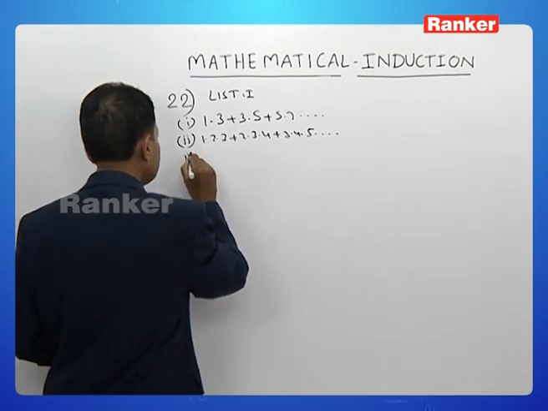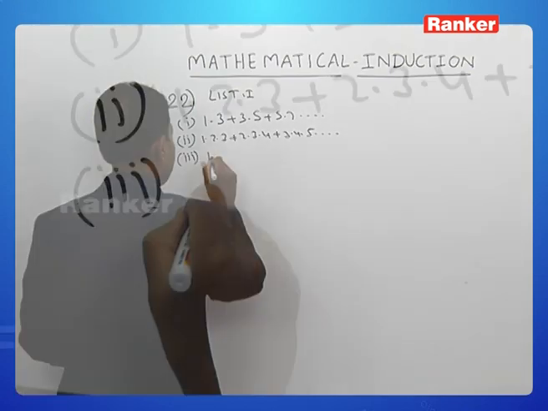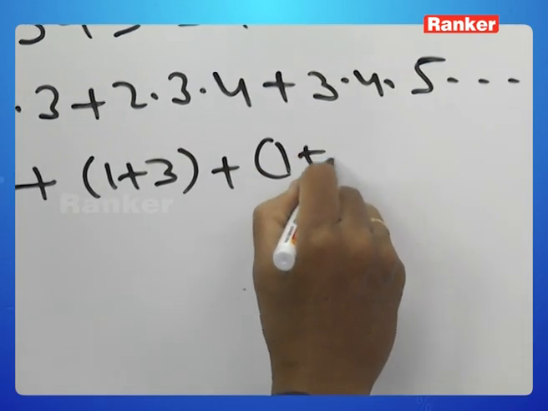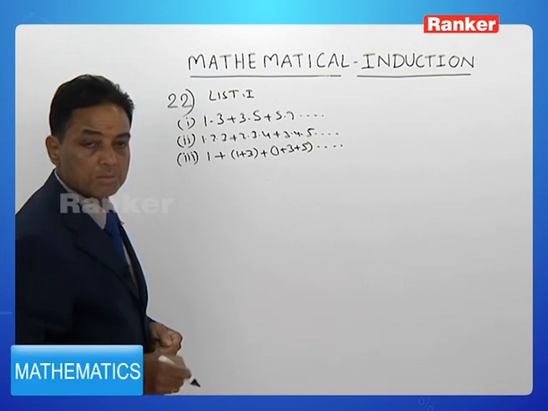And the third Roman is 1 plus (1 plus 3) plus (1 plus 3 plus 5) and so on, sum of n terms.